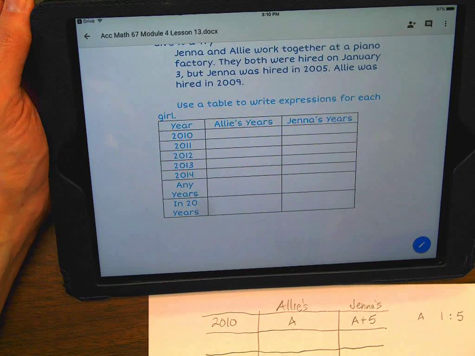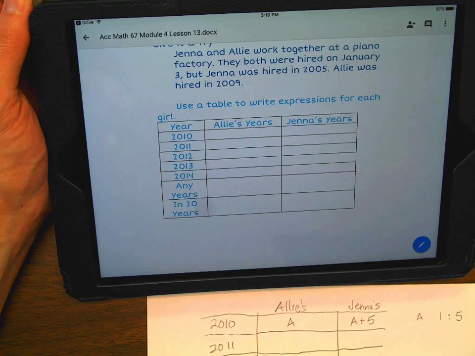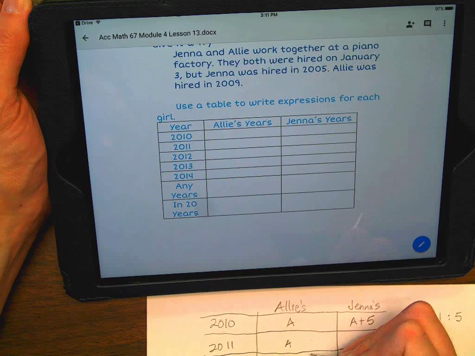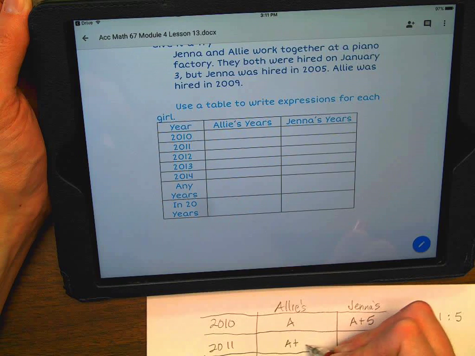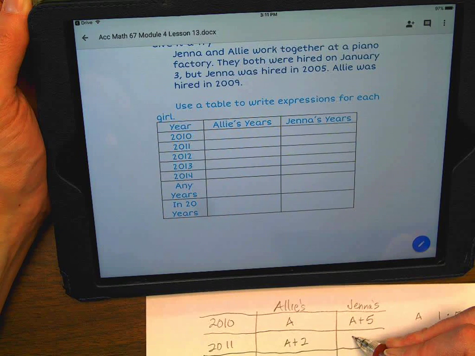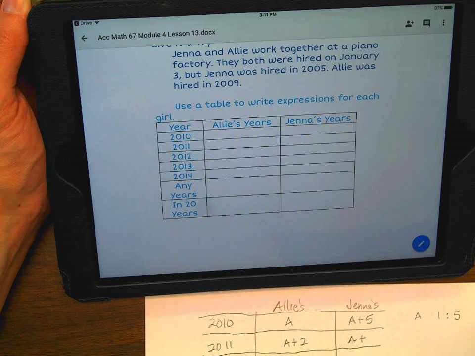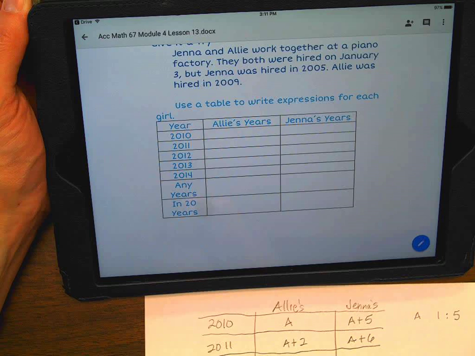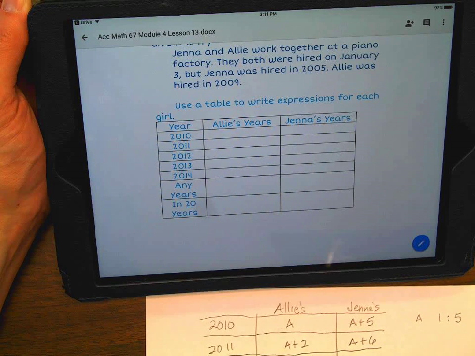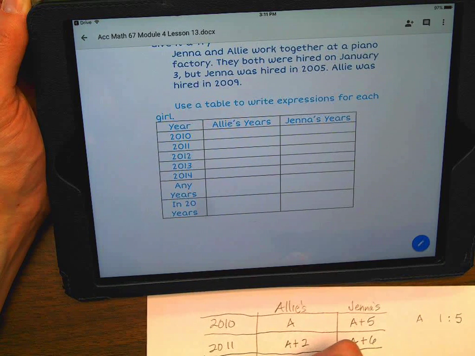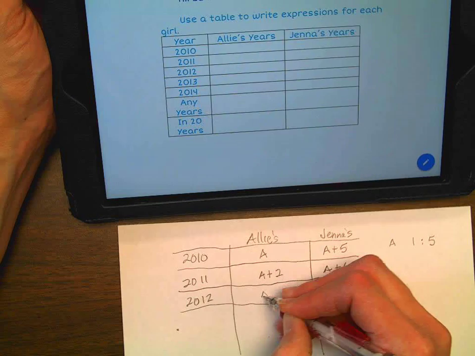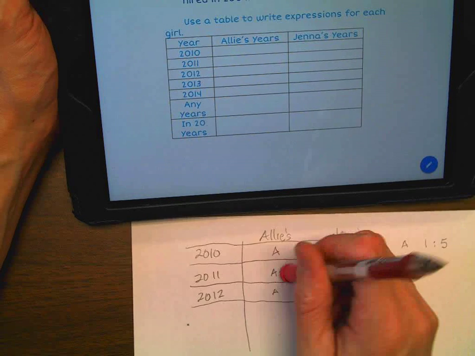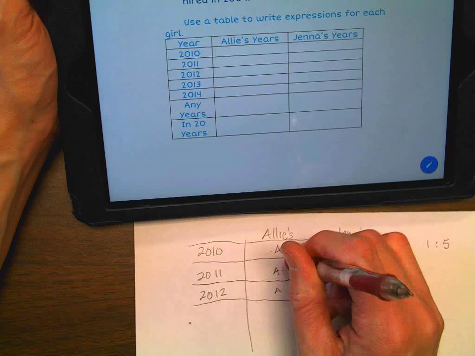So in 2011, what would you see? It would be Allie plus 2, and Jenna's would be Allie plus what? 6. Does that make sense? Does everybody understand? Then what would 2012 look like? Instead of saying Allie plus 2, let's just leave it at Allie, because I don't want to get confusing.